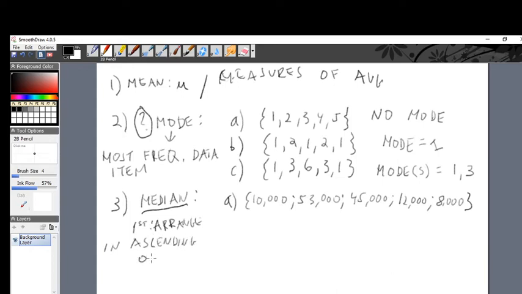So the first one has to be 8,000. Here's our scrap paper. The first one is 8,000. The second one, all right, let's be formal, the second one is 10,000.